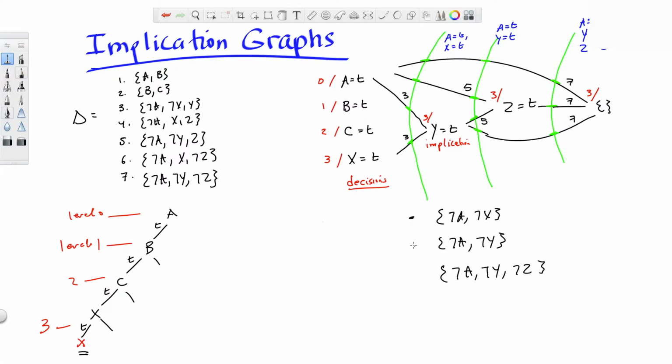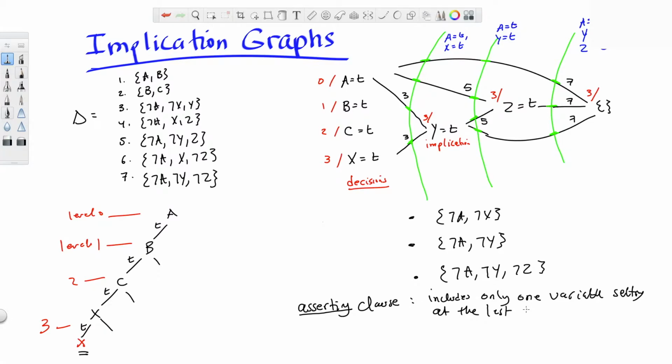Now we're going to define two important notions. One of them is the notion of an asserting clause. The key here is asserting. This is a labeling of clauses that are constructed in this particular fashion. The definition of an asserting clause is a clause that includes only one variable setting at the last decision level.